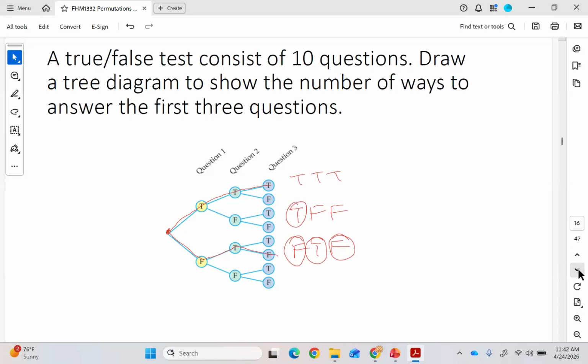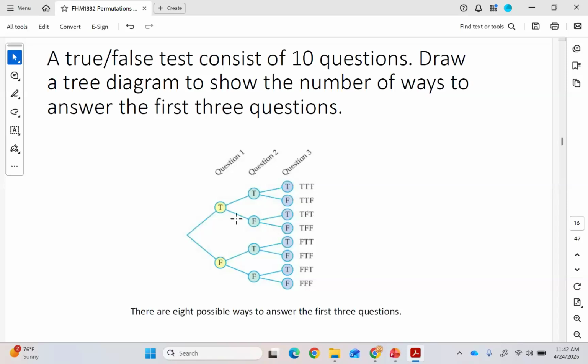So the total number of outcomes is all of the different paths that you can create. Simply by going from the start through all of the points till the end, that's one outcome. And then you go here again, and that's another outcome. So you create how many paths you create, and that's a total of eight.